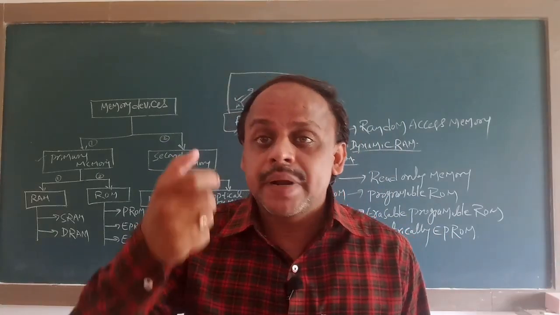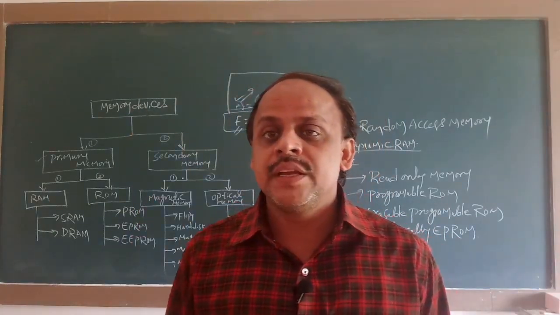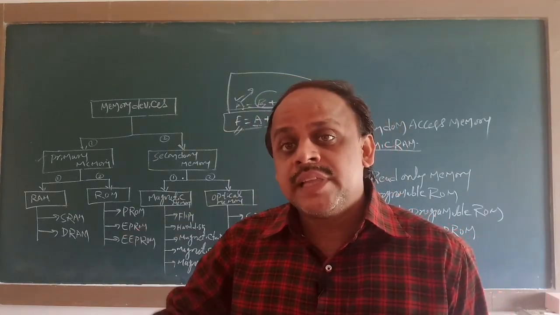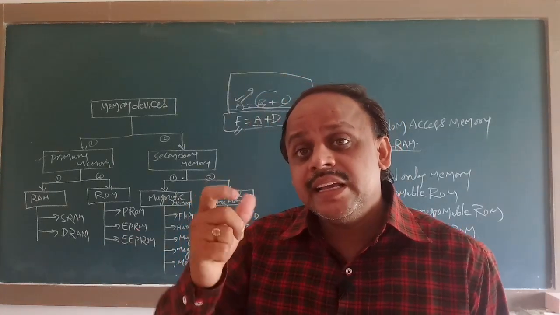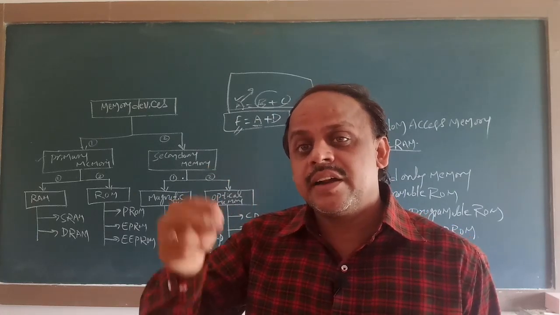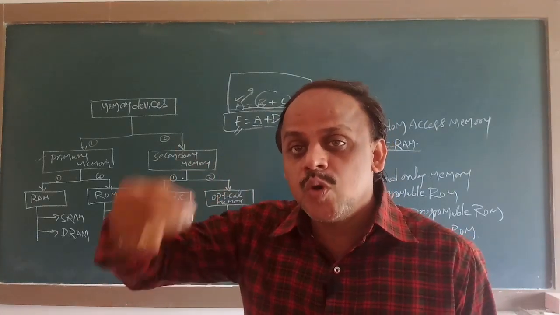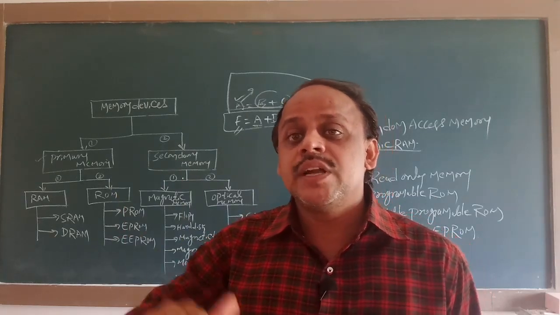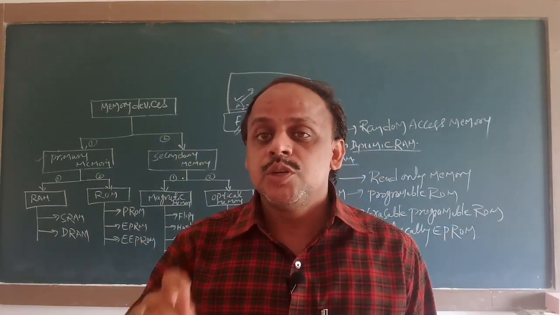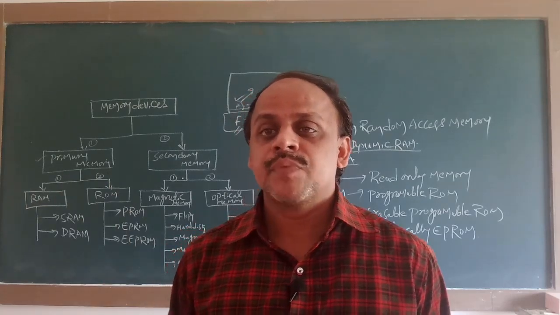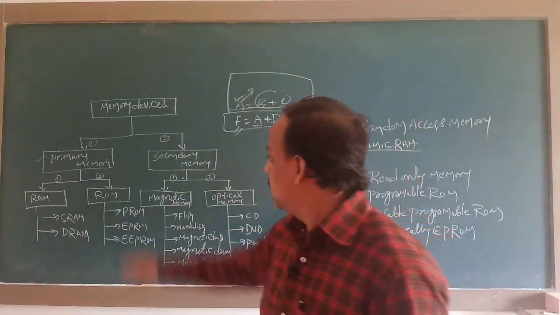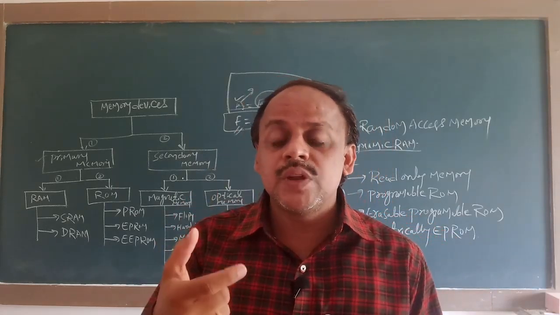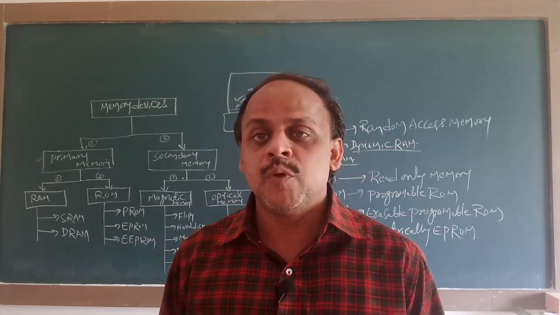He says primary memory is a temporary memory because when power goes off, the content, the data or instructions stored in primary memory, is automatically erased due to power failure. That's why he says primary memory is a temporary memory.